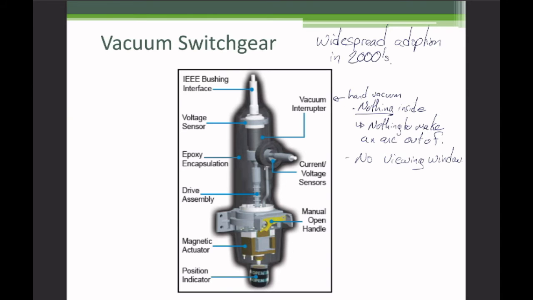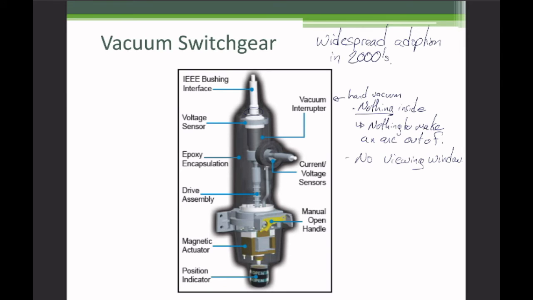Some designs will embed a secondary switch in them, maybe up here or over here, and they'll show you a viewing window of the secondary set of contacts, but the vacuum interrupters themselves don't have viewing windows in them. The technology to do that directly doesn't really exist in an economical way yet.